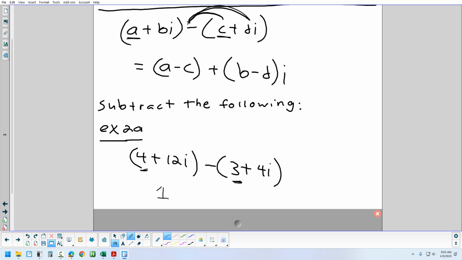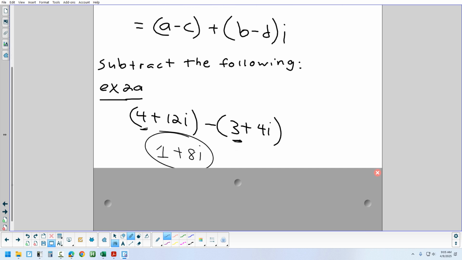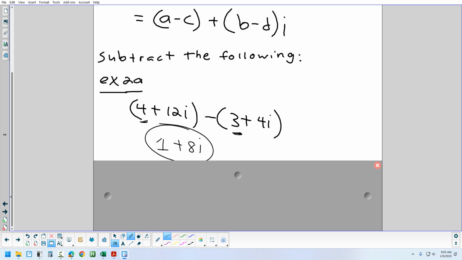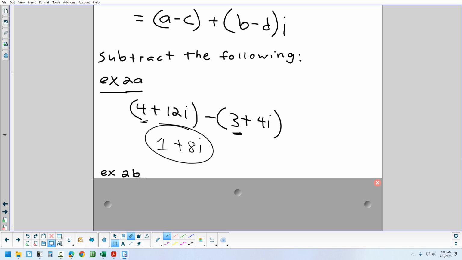And the imaginary part: 12i, 4i, and you're subtracting the 4i. So what do we get? 8i. That's it. So you get 1 plus 8i. Any questions on that?